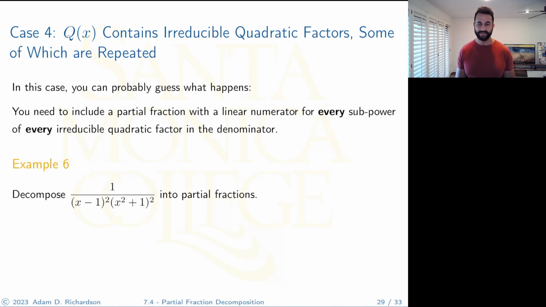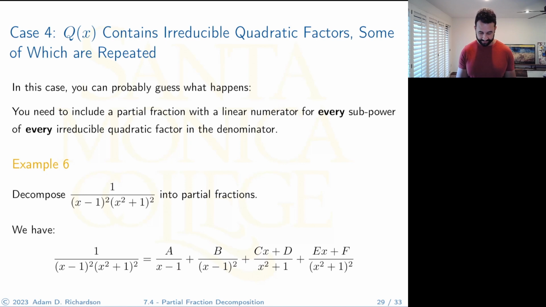So, for example, this one has a repeated linear factor and it has a repeated quadratic factor. So we're going to end up with a bunch of partial fractions, some that will have a linear numerator.